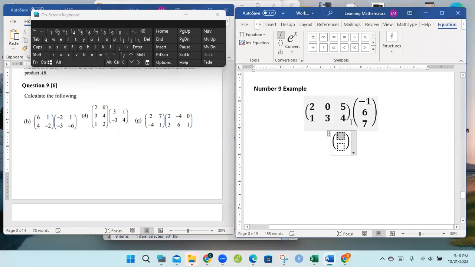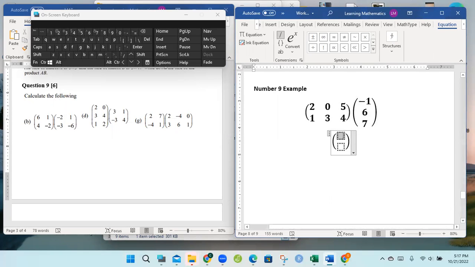If it's a 3 by 3, I have to do it 9 times, 3 times 3 is 9. It's a lot of work. So it's only twice because we have 2 rows, but only 1 column. So those 2 rows have to negotiate with that 1 column. If there was another column, it would be 2 times 2, 4: 2 rows, 2 columns, 1 row twice, another row twice, 2 twos are 4.